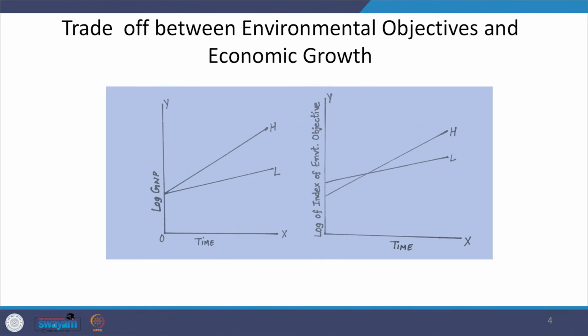But if a certain time period is crossed, then the high growth path would be generating better environmental conditions as compared to low growth path.